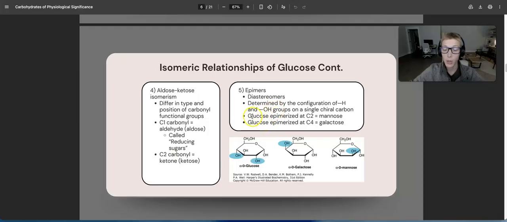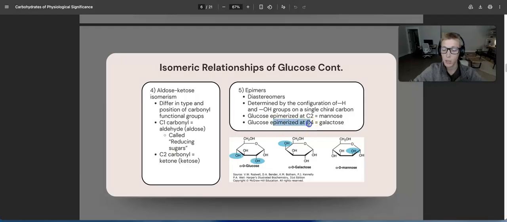So for example, when glucose is epimerized at carbon 2, we see that all hydroxyl groups within this pyranose or Haworth structure are facing in the same direction when we compare the glucose and mannose forms, except for carbon number 2, where in glucose the hydroxyl group is pointing below the ring and in mannose it is pointing above the ring.